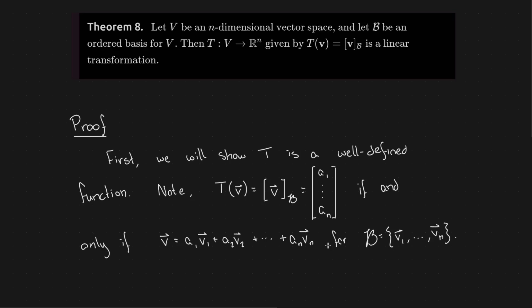Okay? But B isn't just any spanning set of vectors, it is a basis. They are linearly independent. And we have previously proved that the expression of a vector v, the linear combination of vectors that gives me vector v, is unique. There is only one set of coefficients that will make this work if the vectors are a basis.